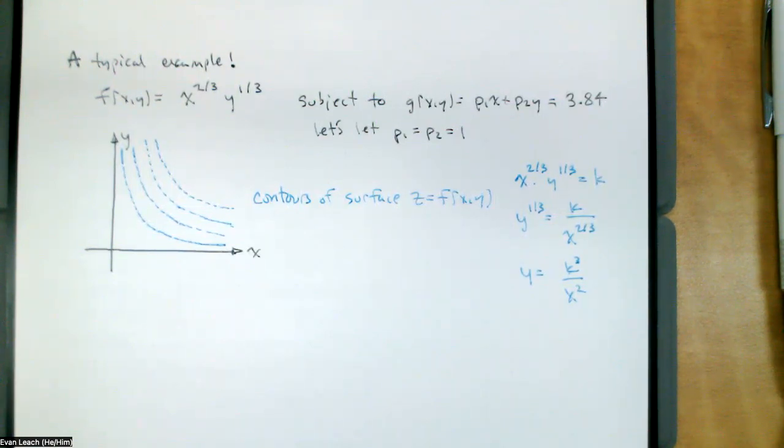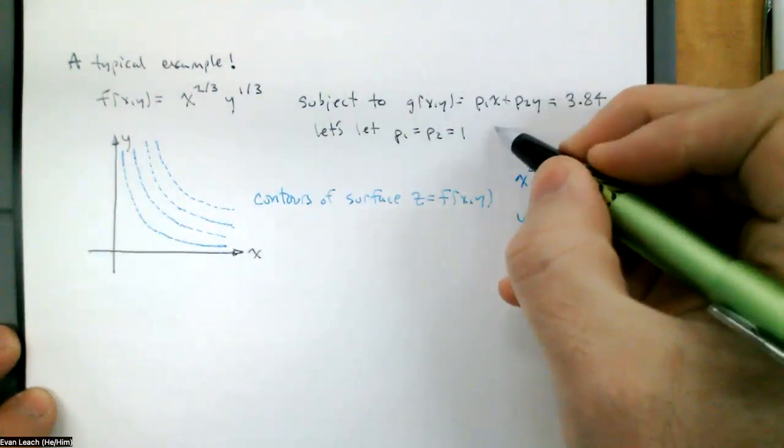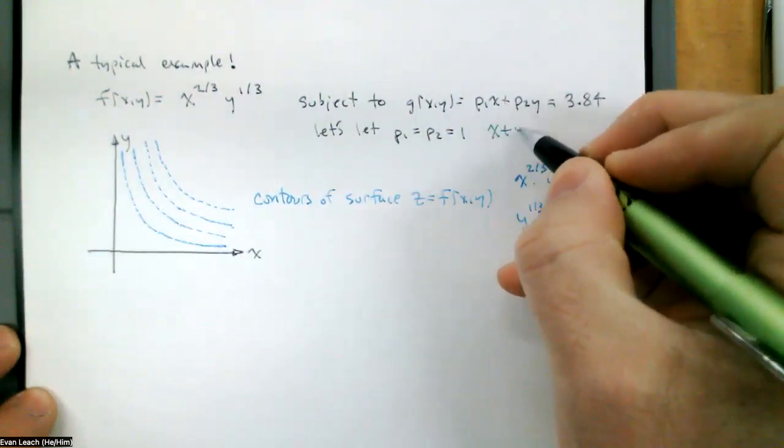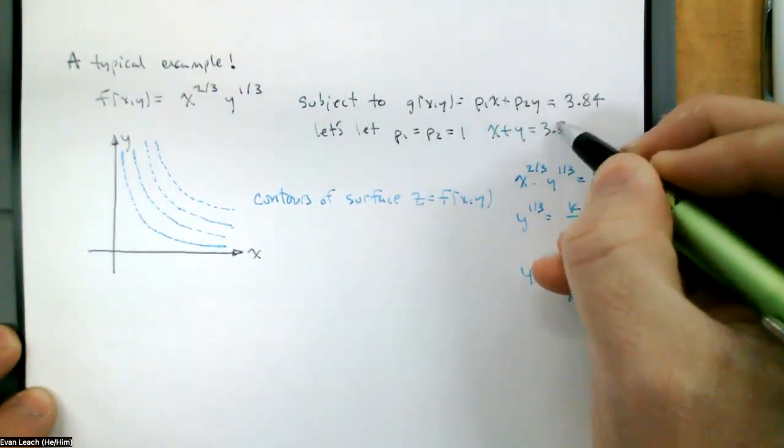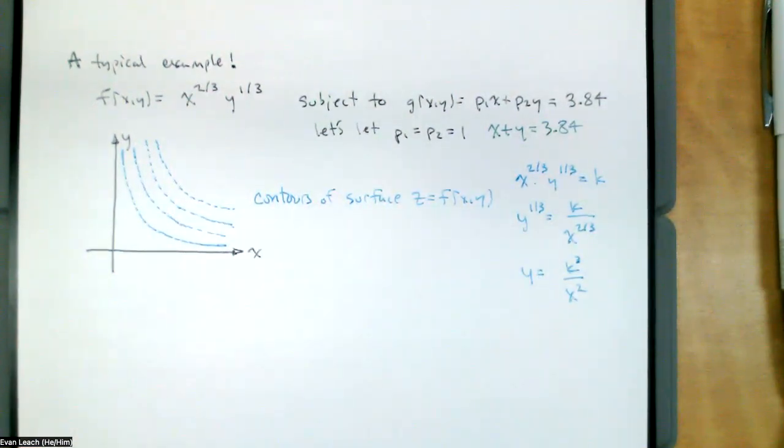What we're looking for is which one of these contours is going to be tangent to the line x plus y equals 3.84, our constraint. So we know what the line x plus y equals some constant looks like.